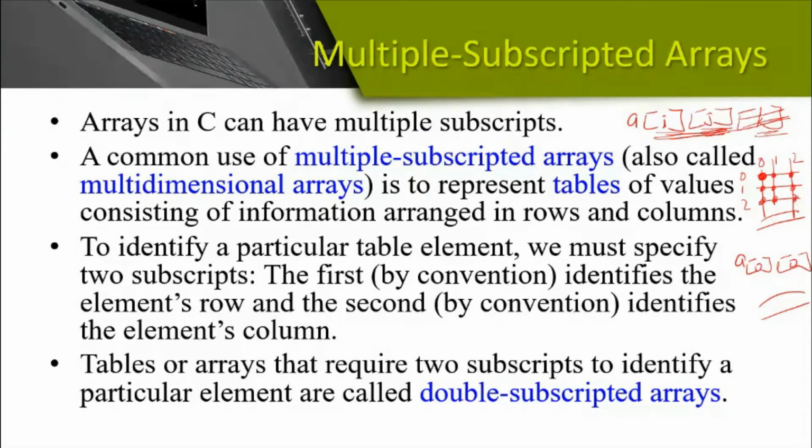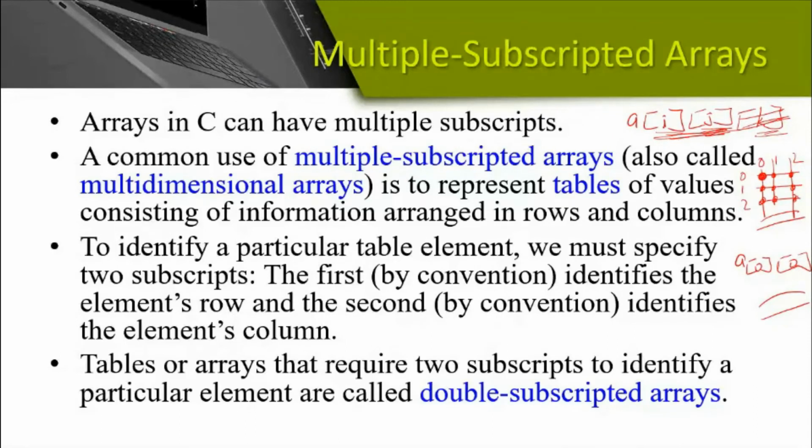That is, more than one subscript is possible in the case of multiple subscripted arrays, also known as multi-dimensional arrays. In order to identify a particular table element, we have to specify two subscripts.